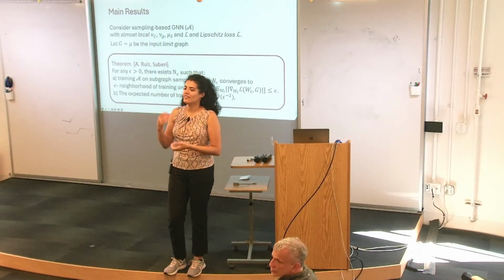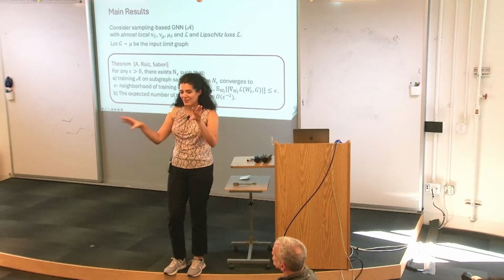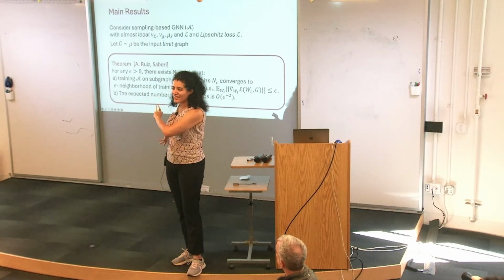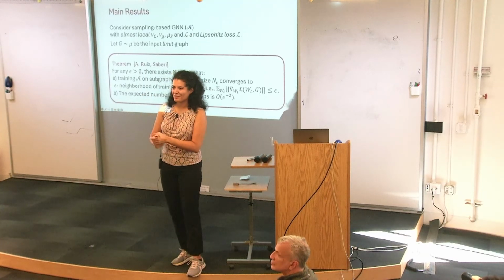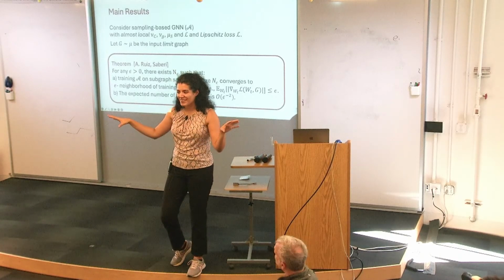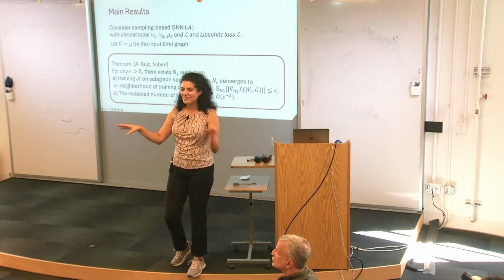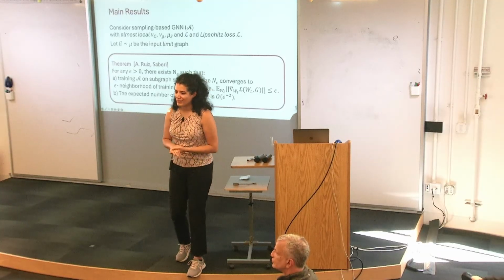I see. So is there a way to make this a little bit more general so that it can also handle graphs where the degree grows with n? Yeah, that's a great question. For an almost local function, it actually does not need this. But there is the local graph limit that I told you about here, which is developed for sparse graphs, while the graphon one that Luana talked about is developed for dense graphs. So these are two different views of seeing graphs as a limit and asymptotics that can be used.